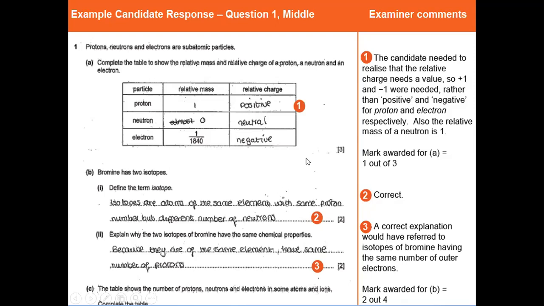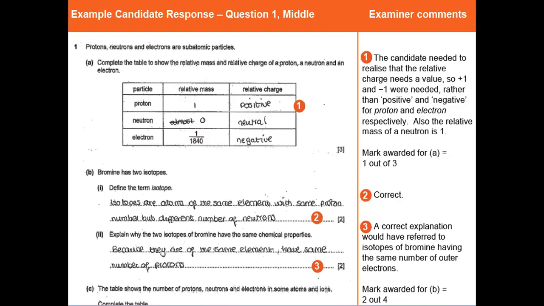Now the next one. Bromine has 2 isotopes. Define the term isotope. Isotopes are atoms of the same element with the same number of protons but different number of neutrons. A correct explanation. Okay, next one. Explain why 2 isotopes of bromine have the same chemical properties.